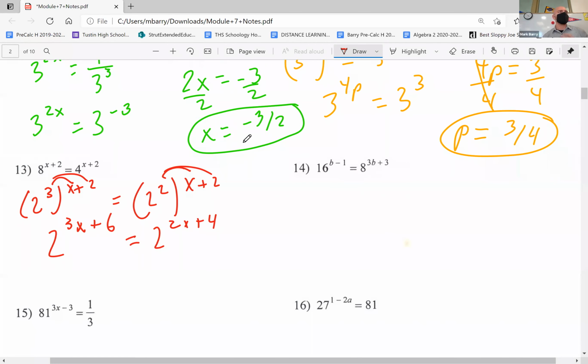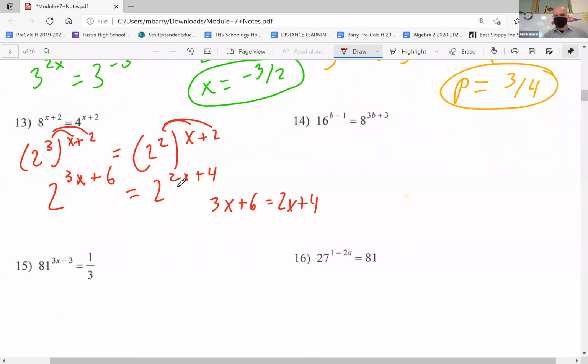All right, I have now made my bases the same. So now I'm ready to get rid of the bases and set the exponents equal. So we have 3x plus 6 equals 2x plus 4. So now we need to solve that. I have variables on each side of the equation.